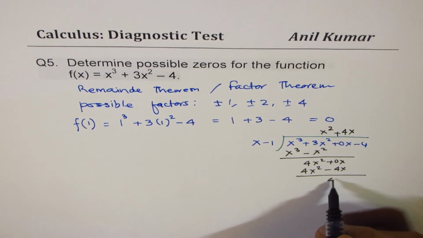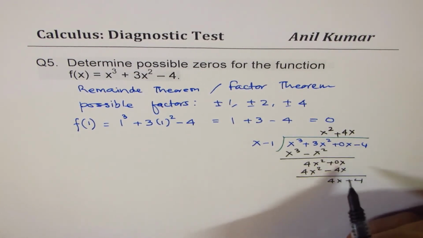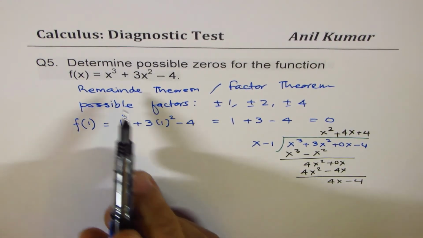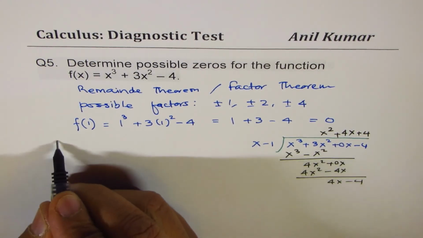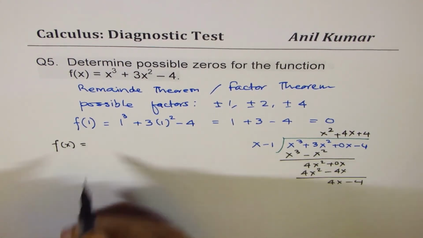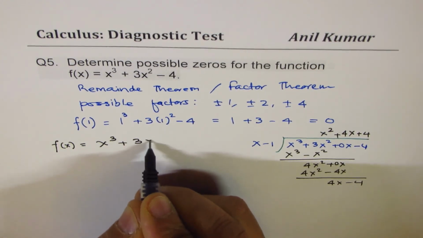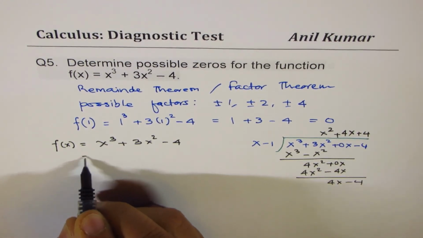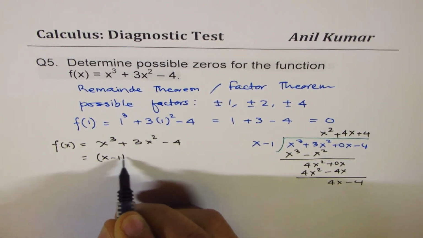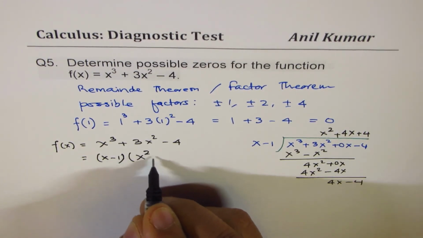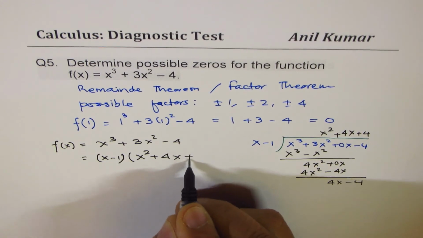When you take away, you get 4x minus 4, and that goes 4 times. And therefore, I could write the given expression. Let me rewrite f of x equals x cubed plus 3x squared minus 4 as equal to x minus 1 times the quadratic function x squared plus 4x plus 4.